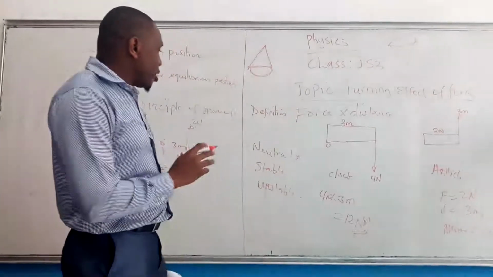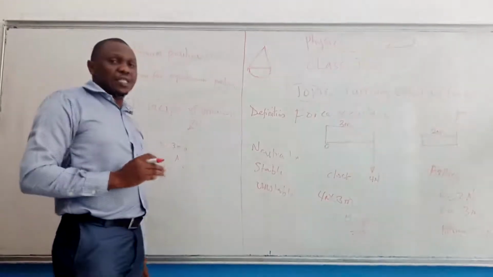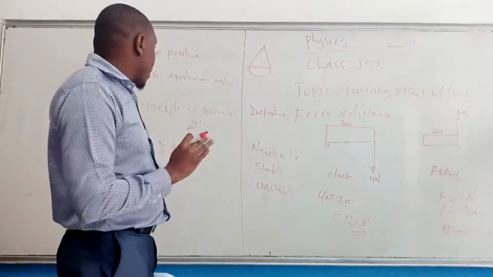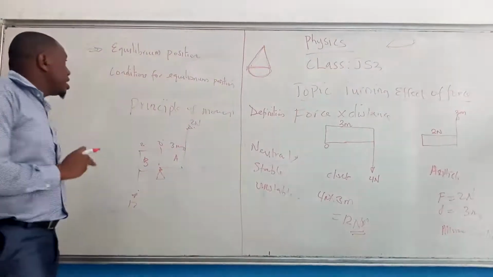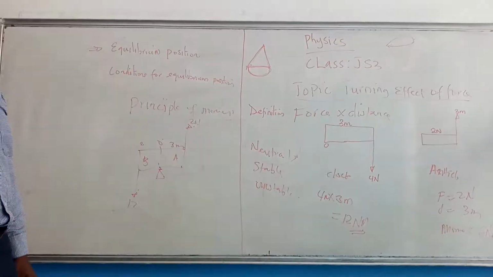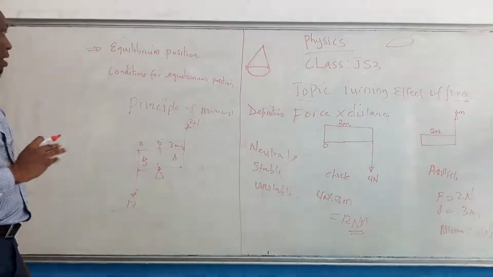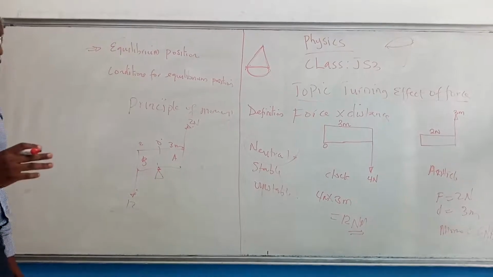And for you to be able to calculate moment around a pivot, you must consider the anti-clockwise moment and the clockwise moment. In the same way, for an object to be in equilibrium position, the anti-clockwise moment must be equal to the clockwise moment, and the resultant force acting on that object is 0.